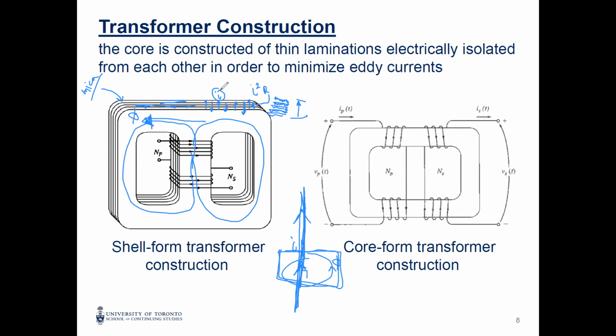This is to minimize this current. We call it eddy current. To minimize, but not to completely eliminate this current, because it's impossible to eliminate. You will have a very small current here, but not zero. The current here, we call it eddy current. Eddy because if you have a conductor, you know that the current will flow from point A to B or B to A. But if you have a block of metal, then the currents will not have a certain direction.